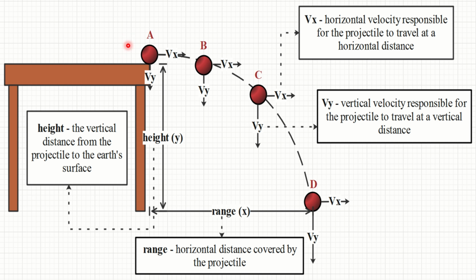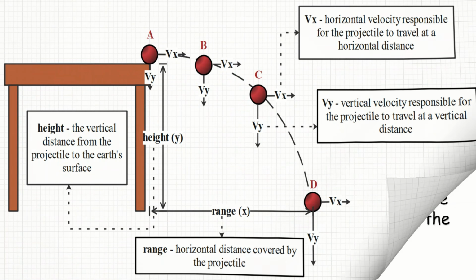The motion of the marble is gradually increasing from point A to point B. Due to the presence of gravity accelerating at 9.8 meters per second squared, this caused the vertical velocity to increase, which makes it not constant. For the horizontal velocity, there is no external force acting along the horizontal motion, which means no acceleration, resulting to a constant horizontal velocity.